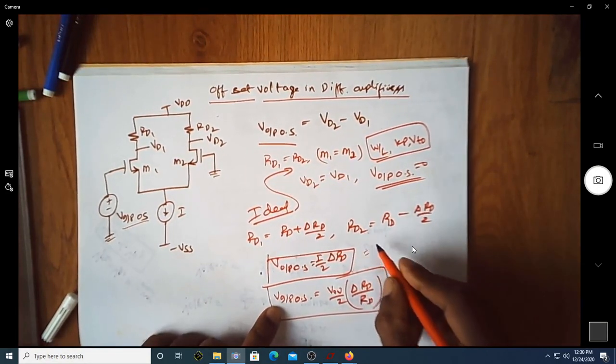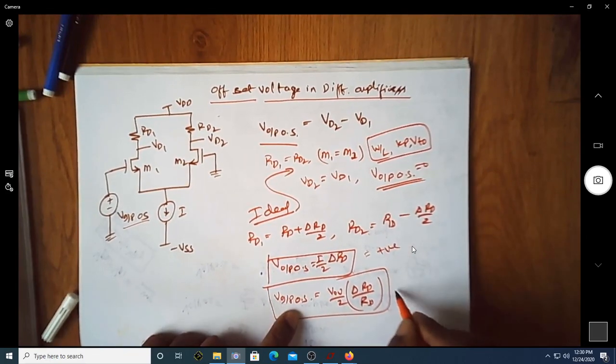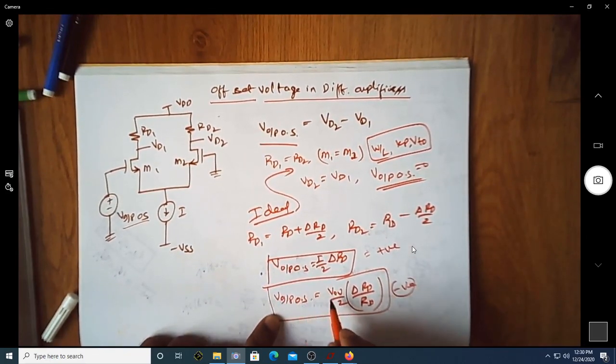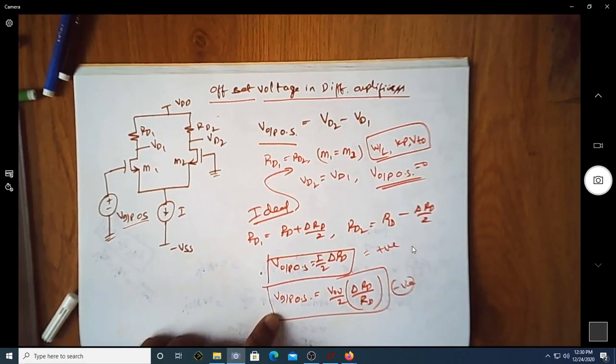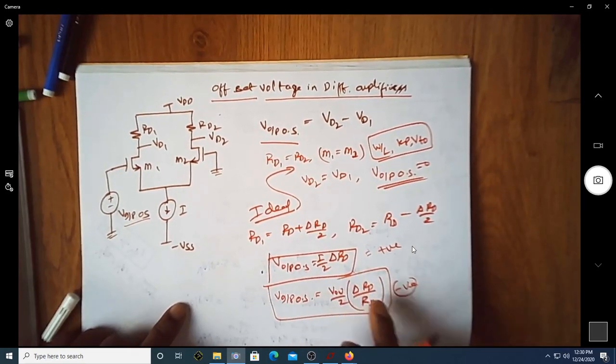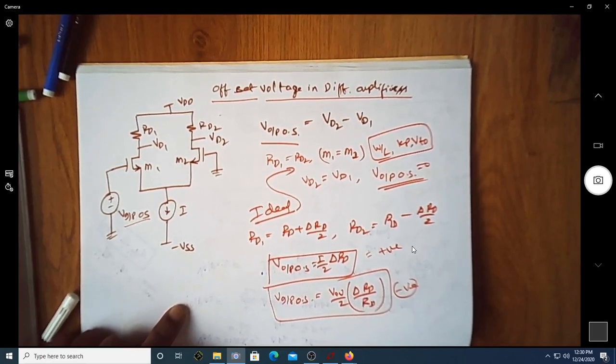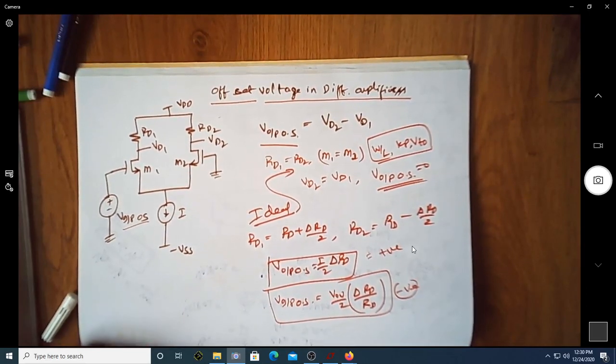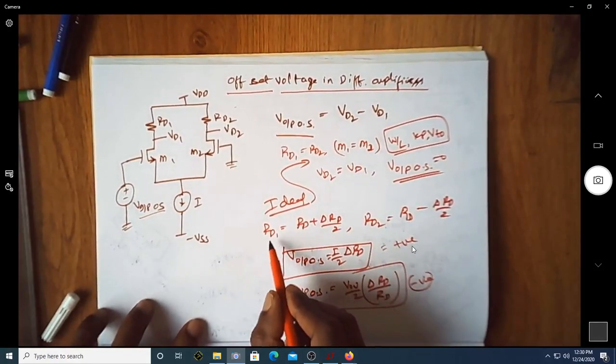Suppose this was coming out to be positive, then you may have to apply a negative input offset voltage to make this output offset voltage 0. Of course, how much the magnitude is depends on the overdrive voltage as well as the percentage of the deviation. So that's what happens when the RDs were mismatching.